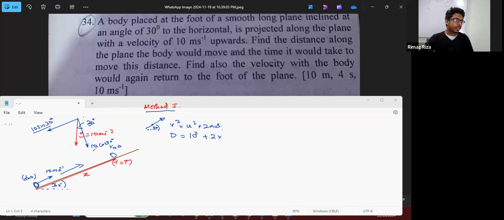One is parallel to the direction we are considering, and opposite to the motion, but the other component is perpendicular to the direction we have considered, so it does not make any effect on the motion along the plane.